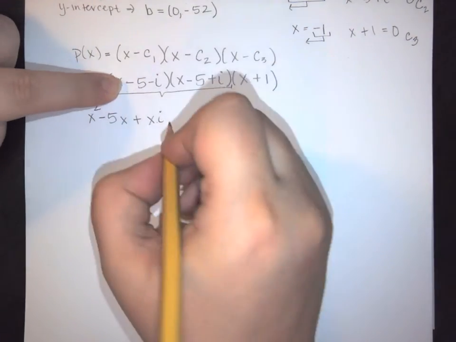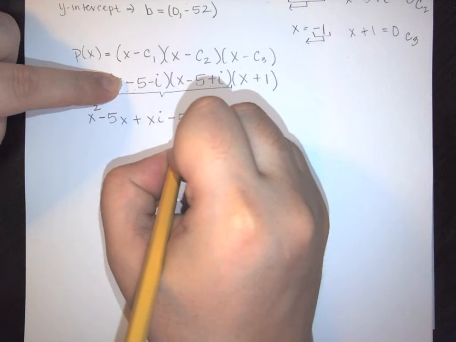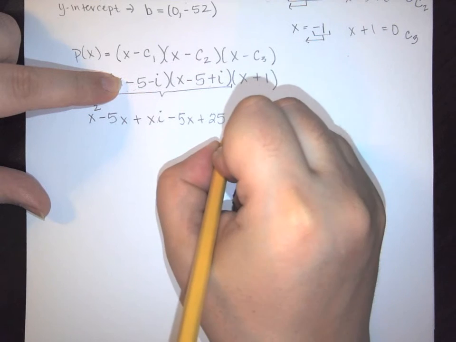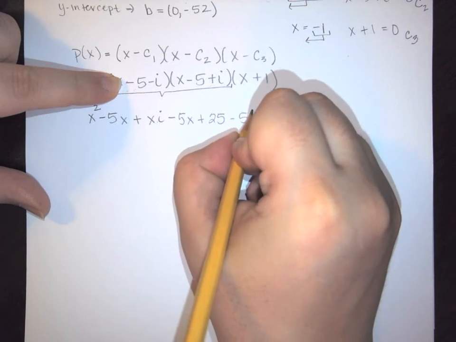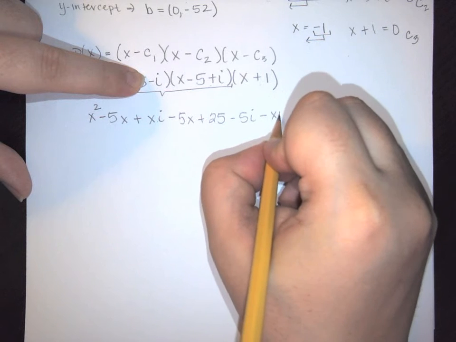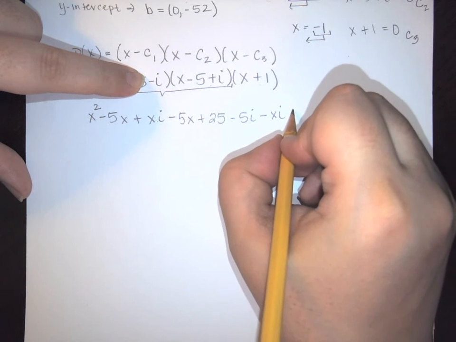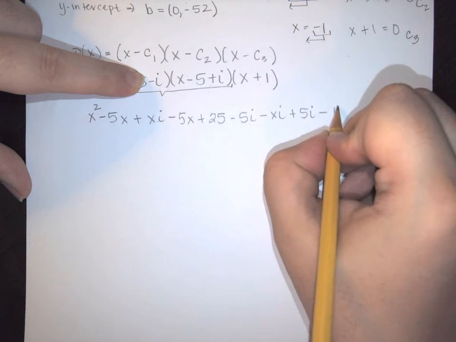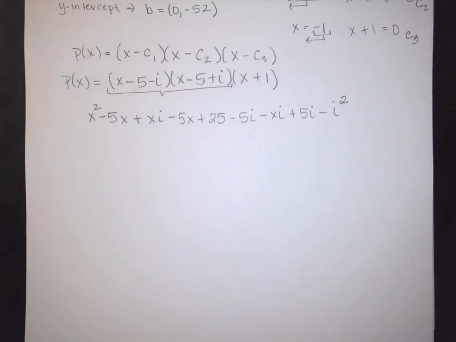Move to the second one, you're going to have a negative 5x plus 25 minus 5i. Move to the third, you're going to have a negative xi, plus 5i, and minus i squared.